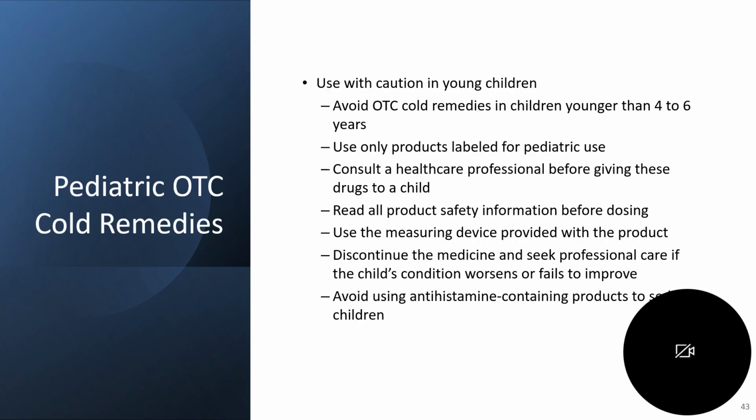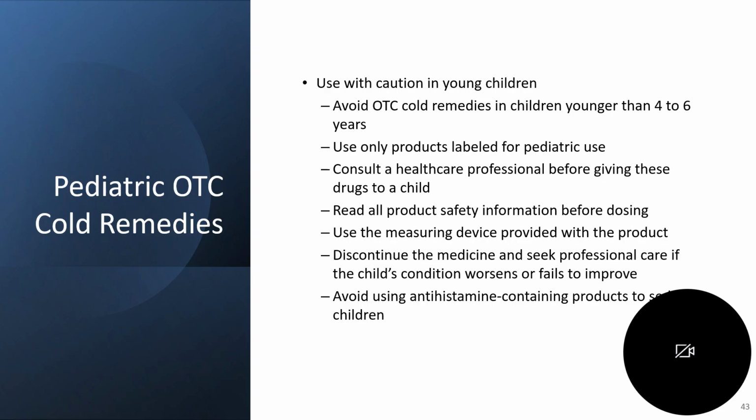Another thing to pay attention to, I tried to bring one to show you, but I didn't have one. When you buy over-the-counter medications, they always come with a dose cup. Make sure that what you're using matches that. I myself have lost one before and went to give something, and it said I needed to give 7.5 milliliters, and all I had was a cup with one mark that said 20 milliliters.